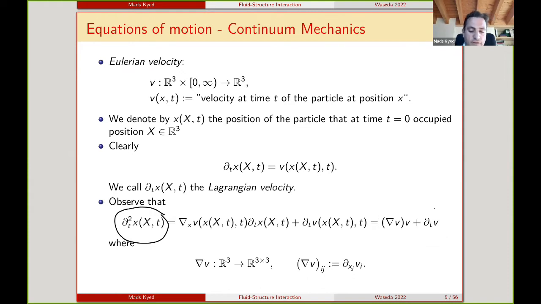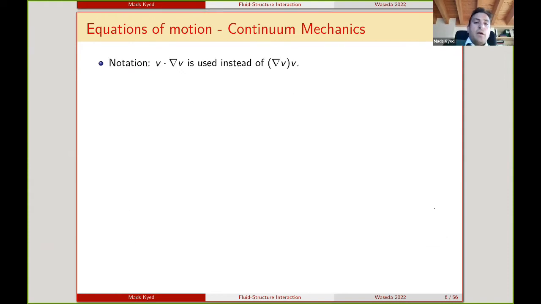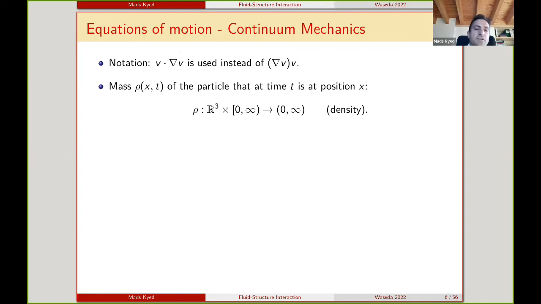Okay, so the notation grad v times v, I like this notation. It's a matrix times a vector, usually written as v dot gradient v. Okay, so that's just a notational issue. Okay, I should use the classical notation from now on.